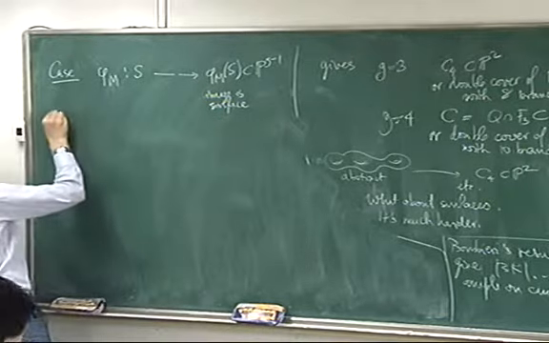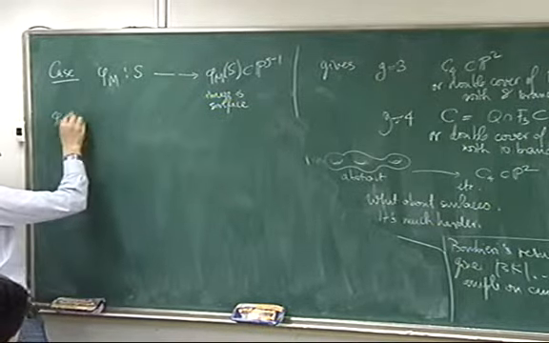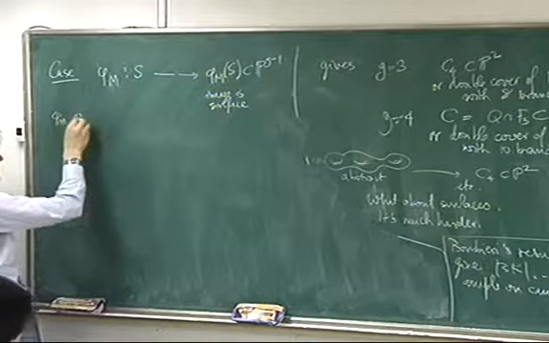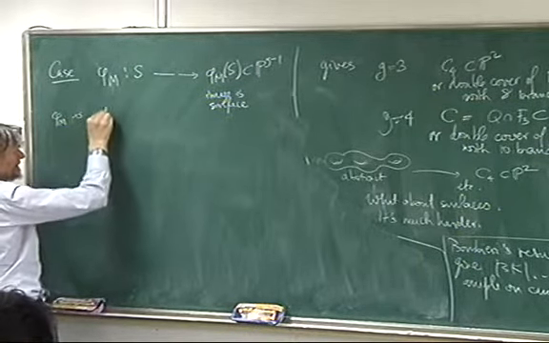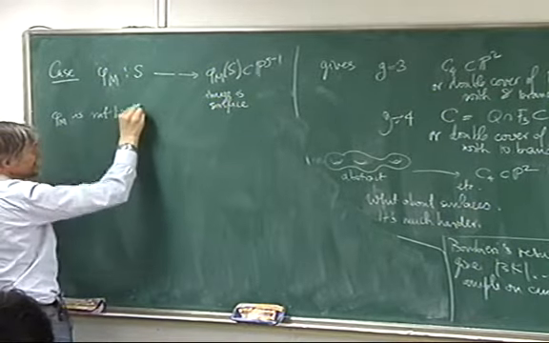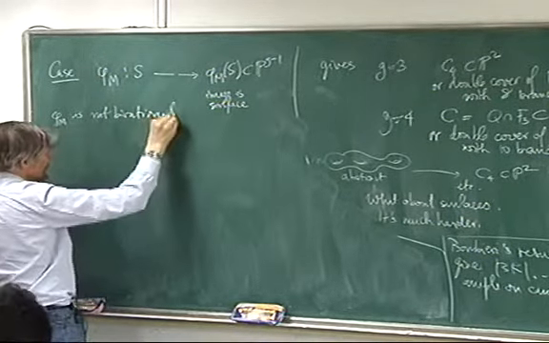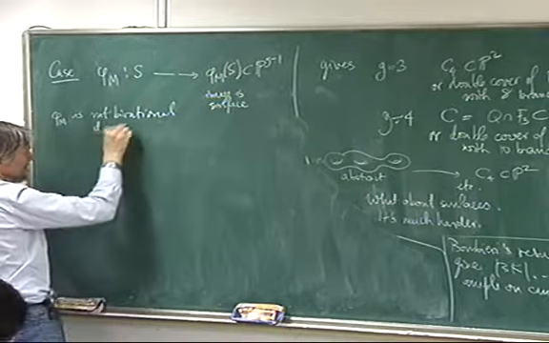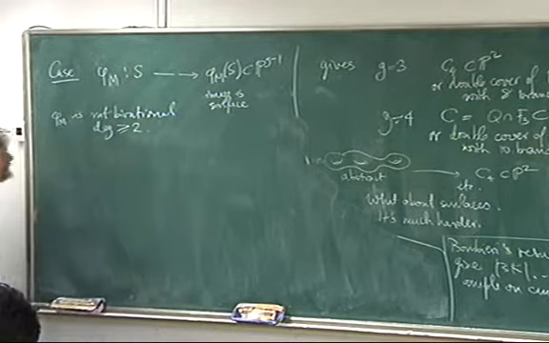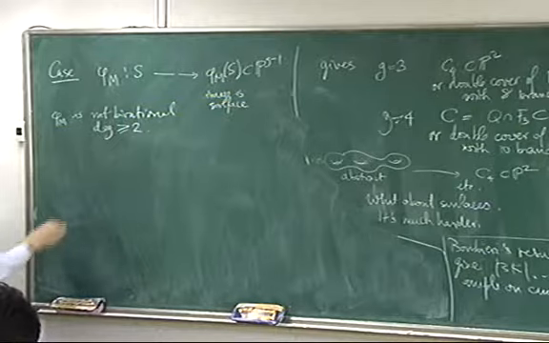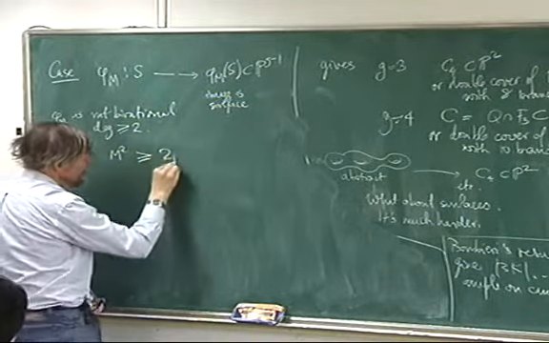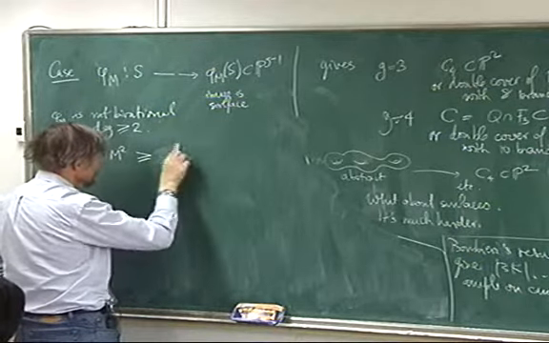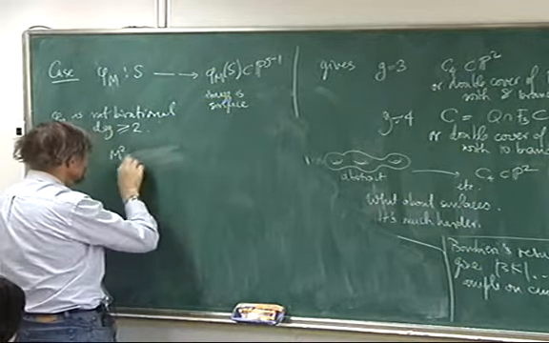Let's assume that phi_M is not birational. This means it has degree greater than or equal to 2. Then M squared is greater than or equal to 2p_g.